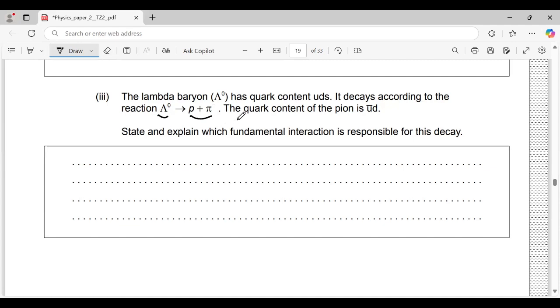Before we take the conclusion, I would like to state that first, one of the strange quarks, one S in the lambda baryon, transforms into an up quark.